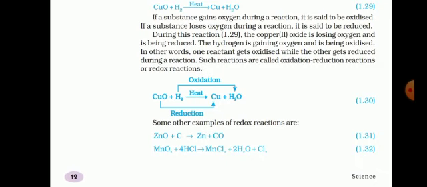CuO contains oxygen, but after the reaction it gets reduced, that is, removal of oxygen. That is your reduction. So this is the best example for your redox reaction, and I hope that you understood this example very well. You can even have a look at this image, which is going to help you understand redox reaction.